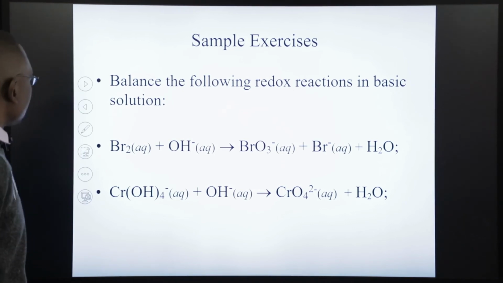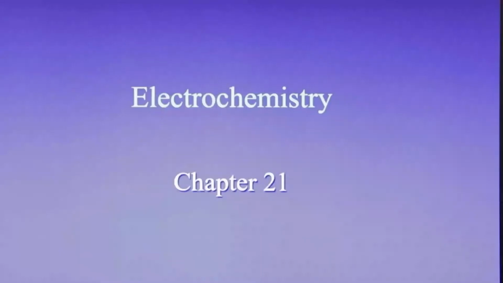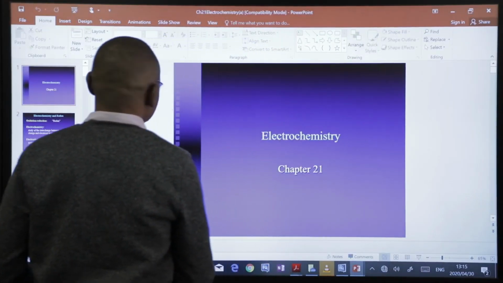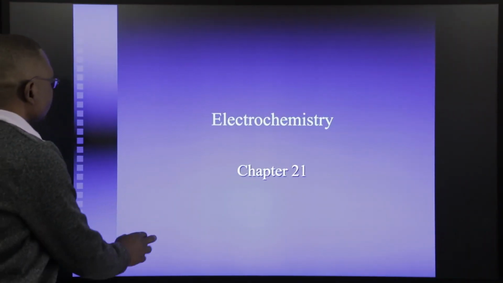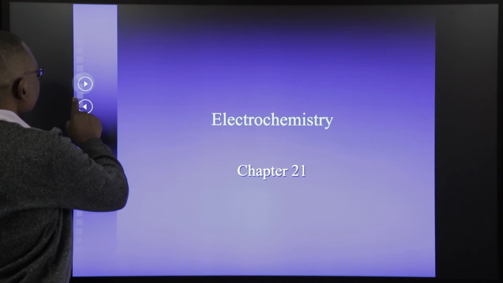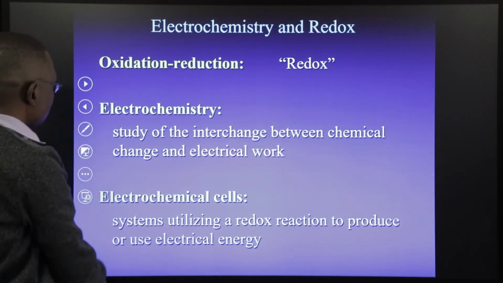So for that reason, you will see that we are going to use these kinds of interpretations to represent electrochemical cells. So let's take, for example, if I can quickly take you through this, where we are. I want to use more examples.